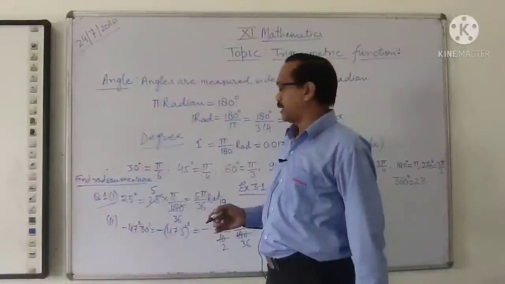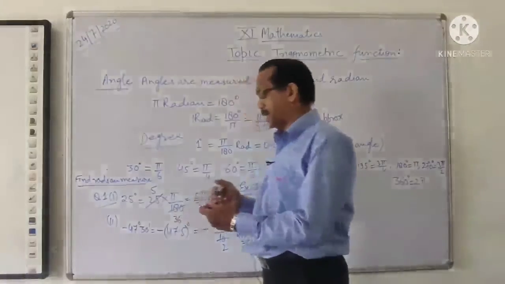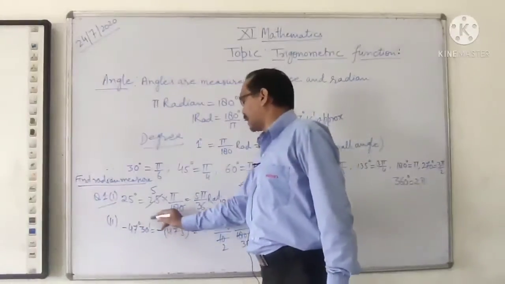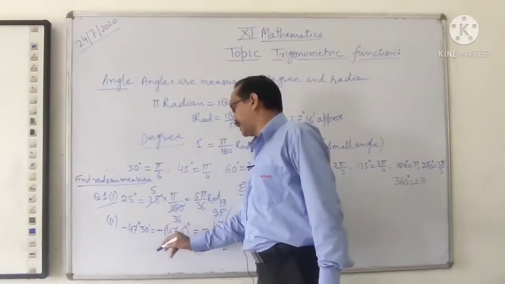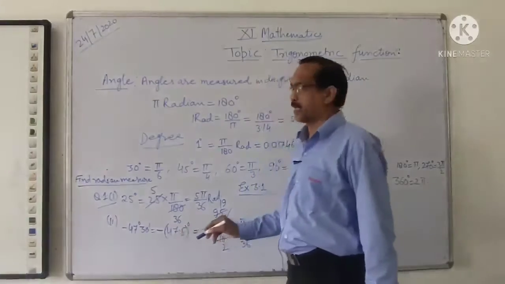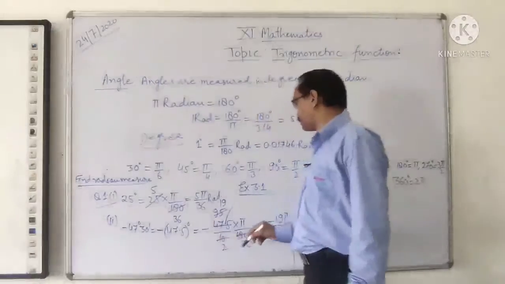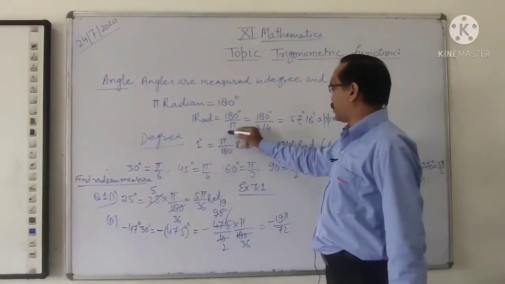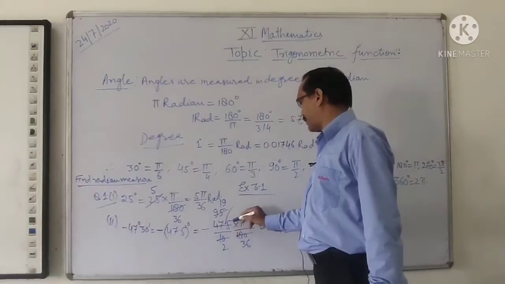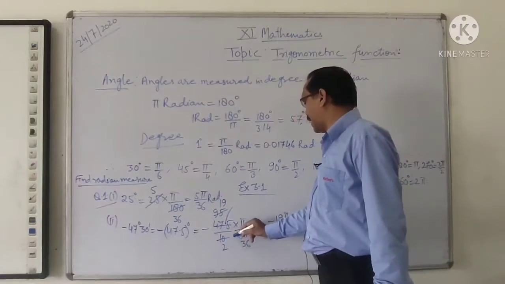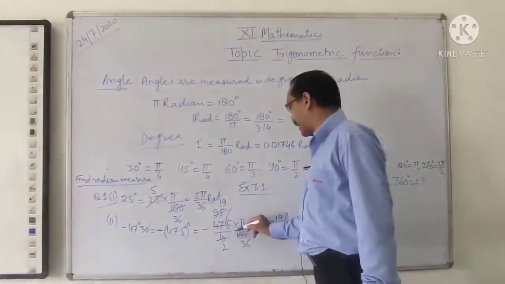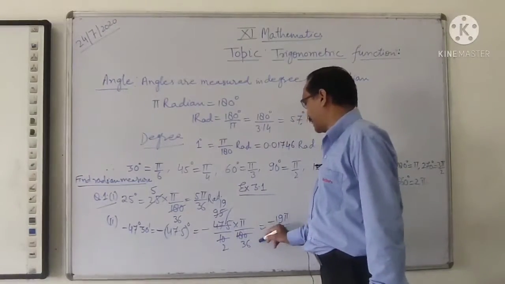Next is minus 47 degree 30 minutes. 30 minutes means 0.5 degree. So it is minus 47.5 degree. Now we will write 1 degree equals pi upon 180, so 47.5 upon 100 upon 10. Remove this decimal, so upon 10 into pi upon 180.